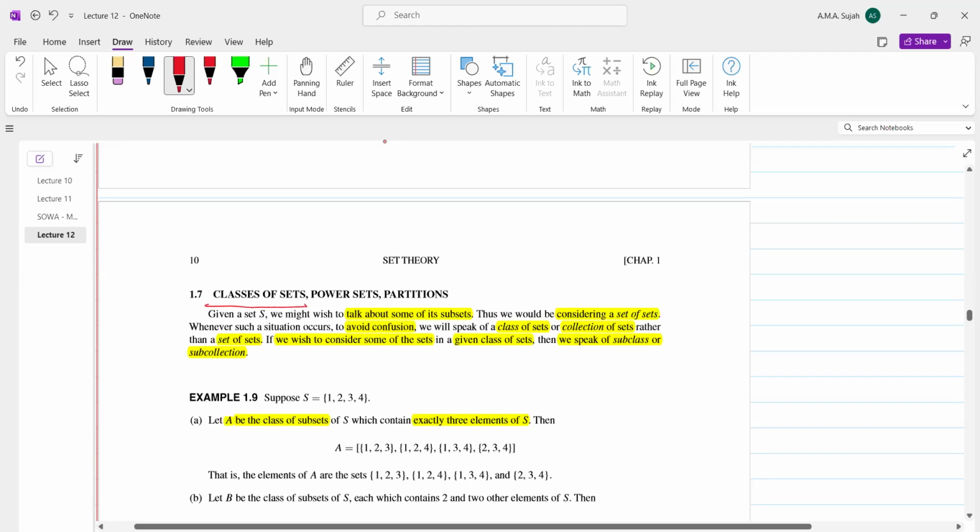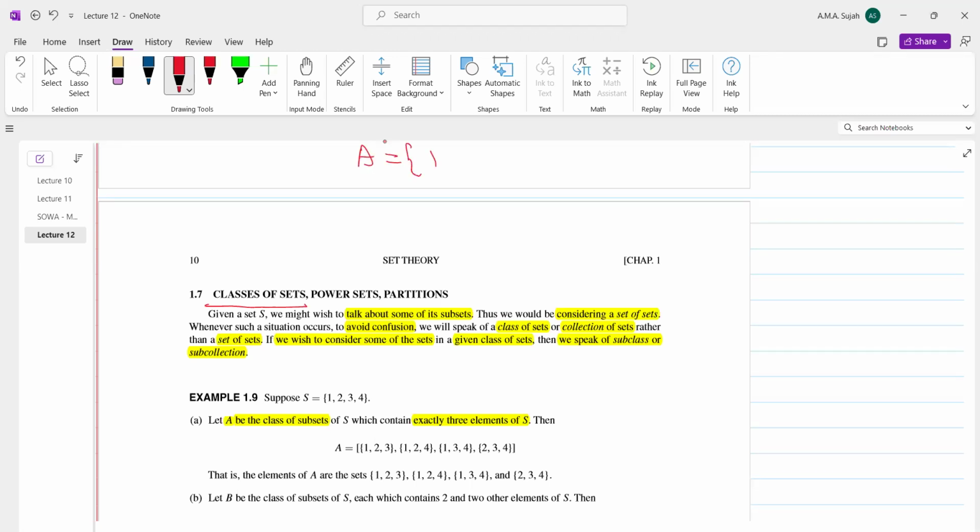Class of sets, we already discussed. Let's say you have a set A. Just imagine we have only three elements. That set contains three elements, 1, 2, 3.